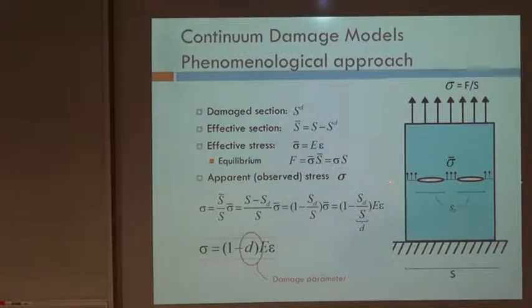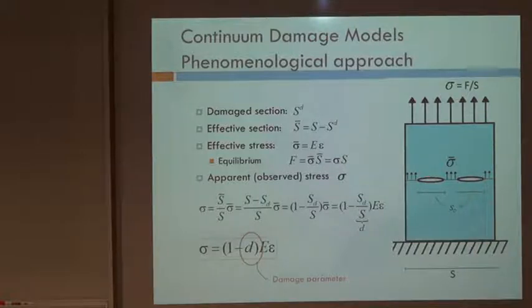In a typical cross-section, we have some part of the microstructure that is cracked, that loses the capacity of carrying stresses, and some other part that is still completely intact.